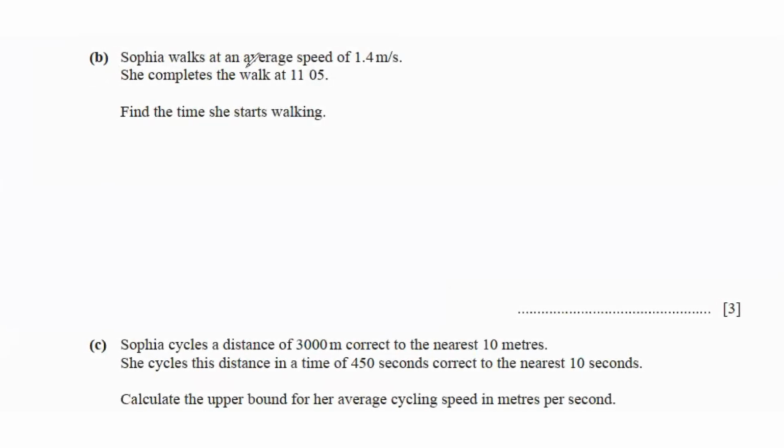Part B says Sophia walks at an average speed of 1.4 meters per second. She completes the walk at 11:05. Find the time she starts walking. So time taken is going to equal your distance divided by your average speed.